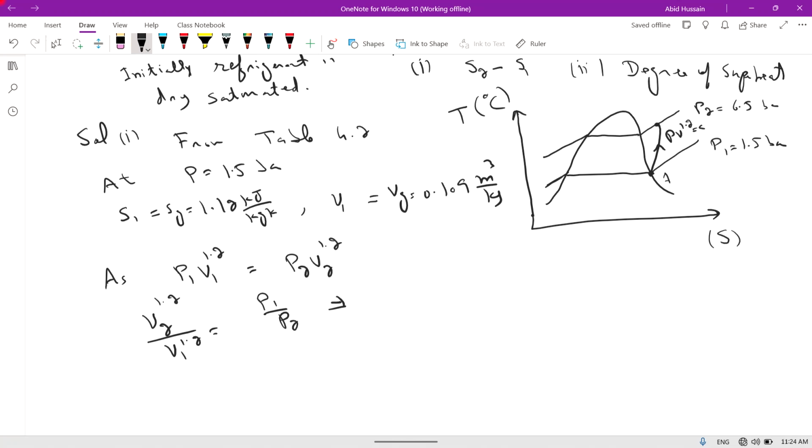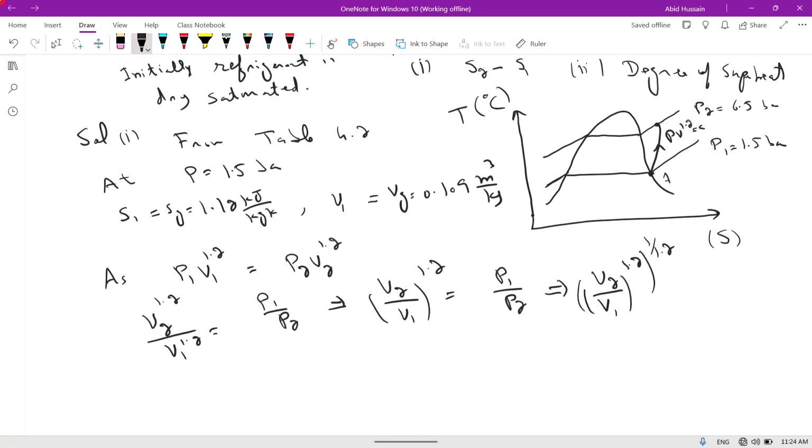We have to find V2, so take the power 1 divided by 1.2.